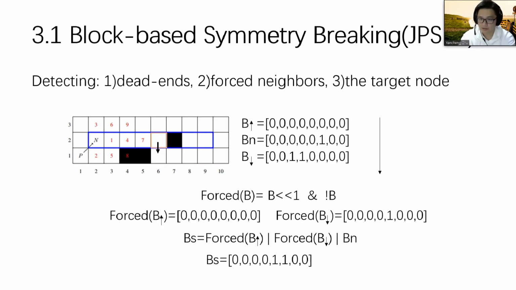Another part of today's paper is the improvements that can be applied to the JPS. The first improvement is called block-based symmetry breaking. This gives us the idea that we can detect 3 kinds of nodes: the dead ends, the false neighbors, and also the target nodes. The important thing I want to mention is the false neighbors.